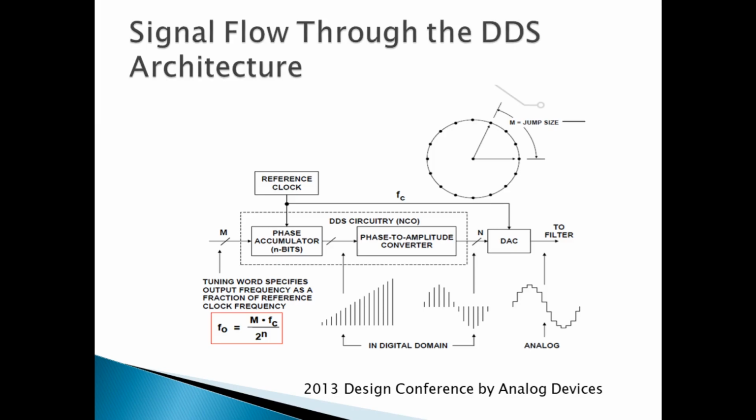So this slide shows you the signal flow through the DDS architecture. You can see that the phase accumulator has a reference clock like the DAC, and the tuning word which is programmed into the delta phase register then helps the phase accumulator to look for certain points in the phase wheel, that is the lookup table which is stored in the phase accumulator.